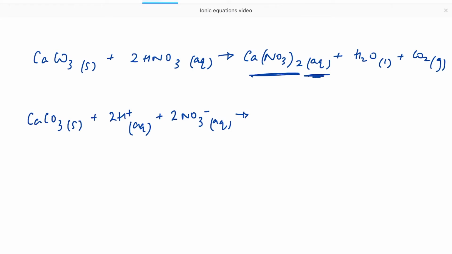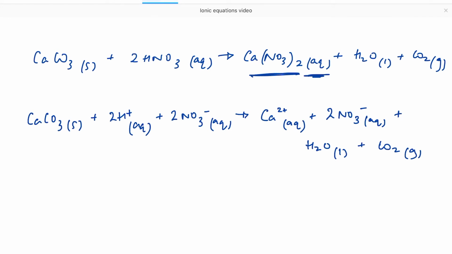That is what my state symbols are telling me. So once again, my calcium ions and my nitrate ions are independent of each other. So I've got 2 nitrate ions. Make sure that we balance throughout. And I've got water as a liquid and carbon dioxide as a gas.